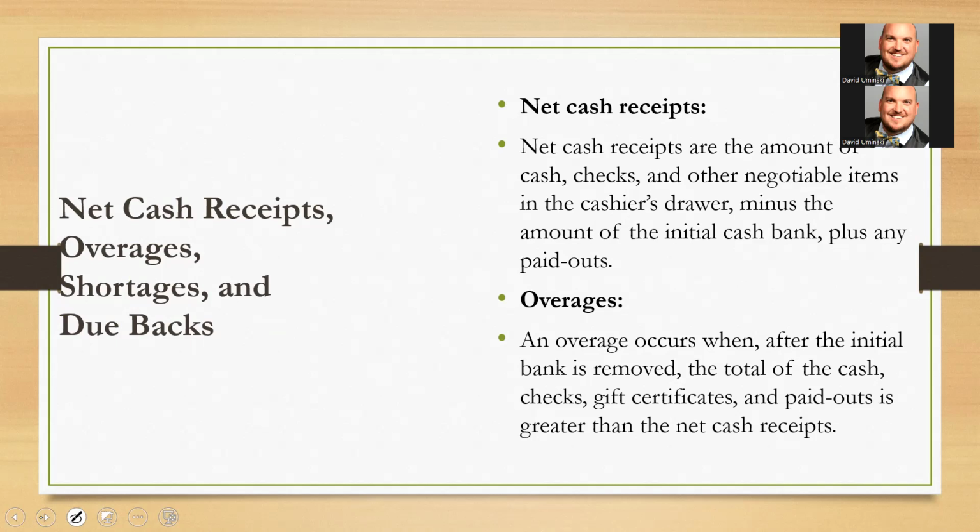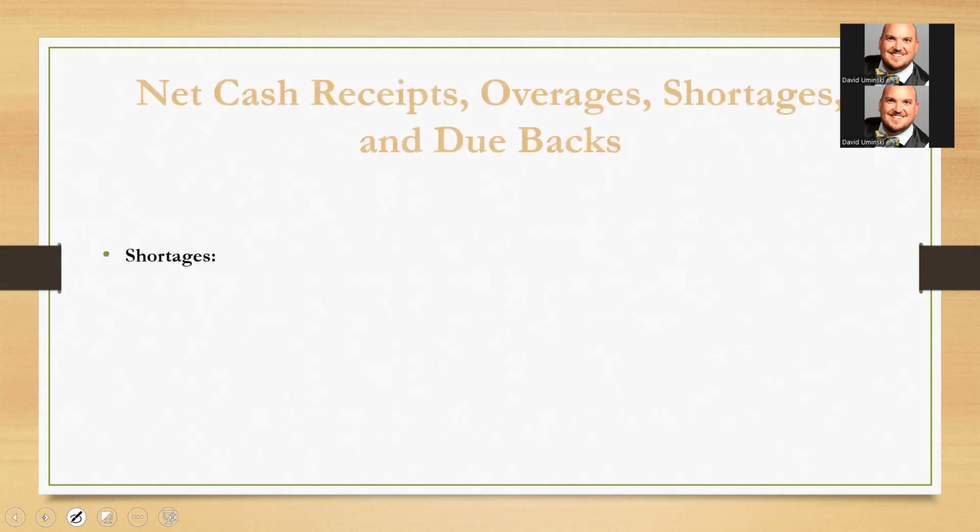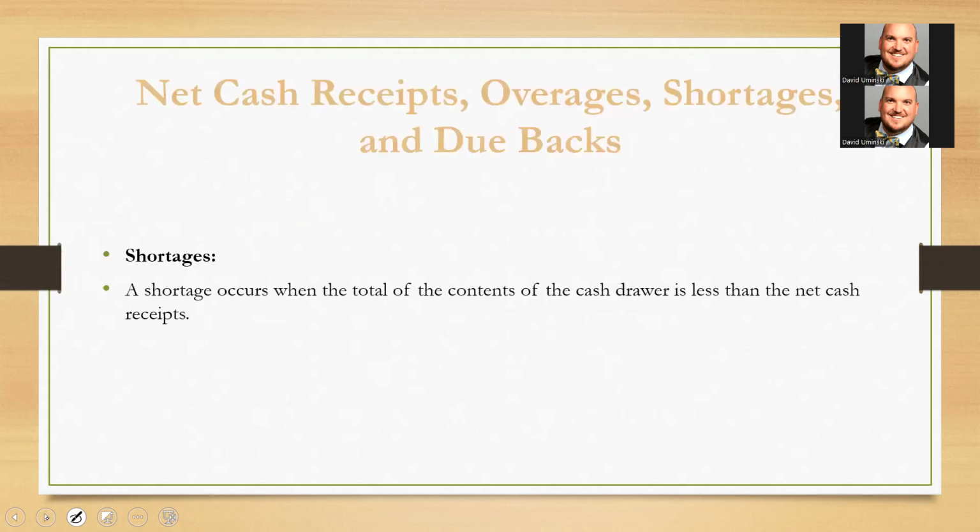If I have more or less, then it's out of balance, and I need to figure out why. Maybe there's something paid with a certificate, or maybe I gave the wrong change and I'm short versus having too much. Being short is not a good thing, because that means we've given somebody more change than they needed.